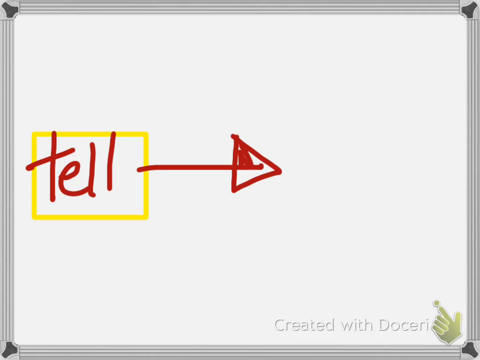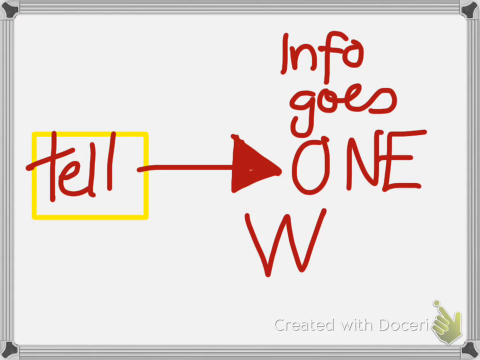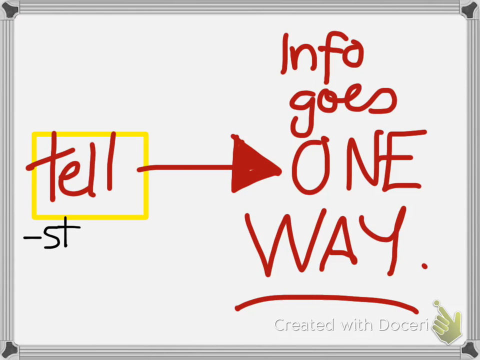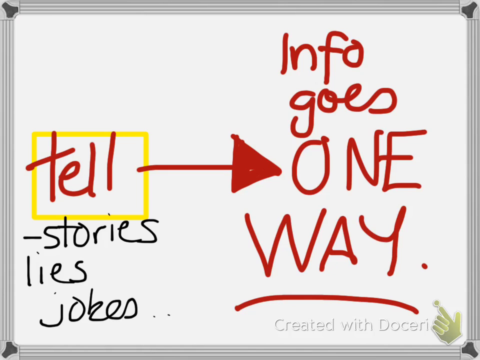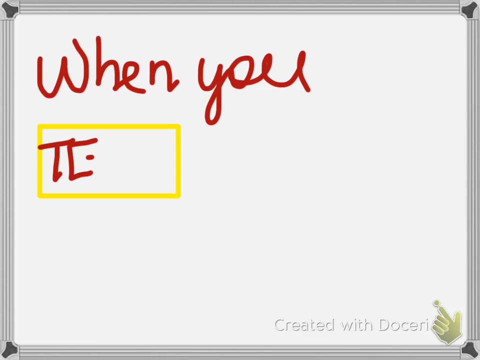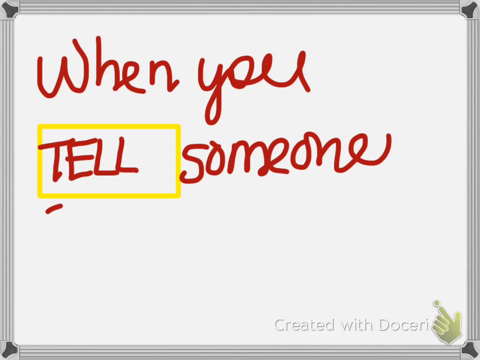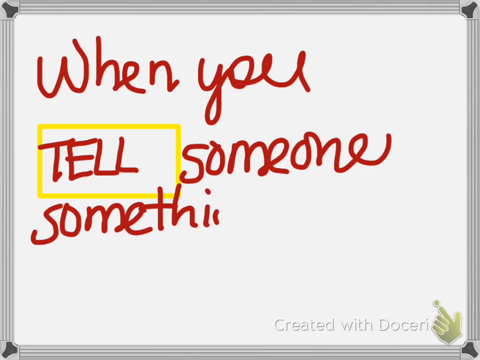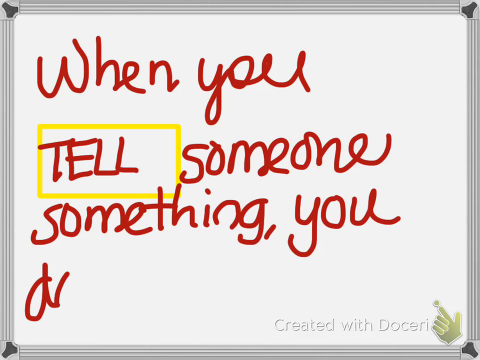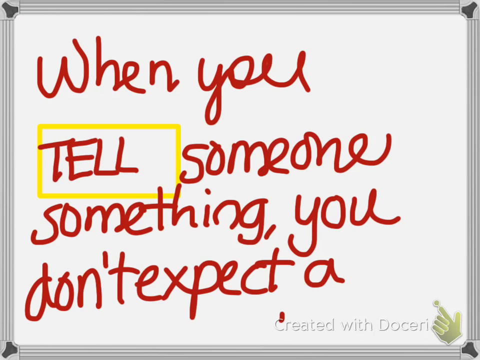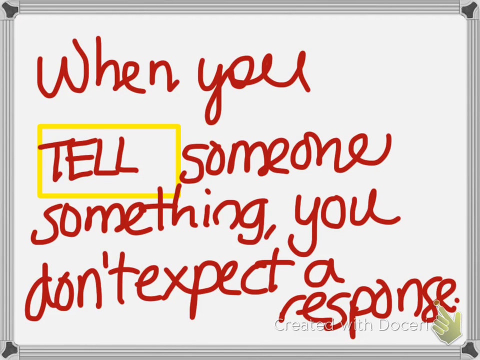Tell, however, is slightly different. Tell has the idea that information goes one way. For example, telling someone a story, telling lies to someone, or telling someone a joke. You typically don't expect a response. So when you tell someone something, or you tell something to someone, the information's going from the speaker to the listener, but not necessarily in return.